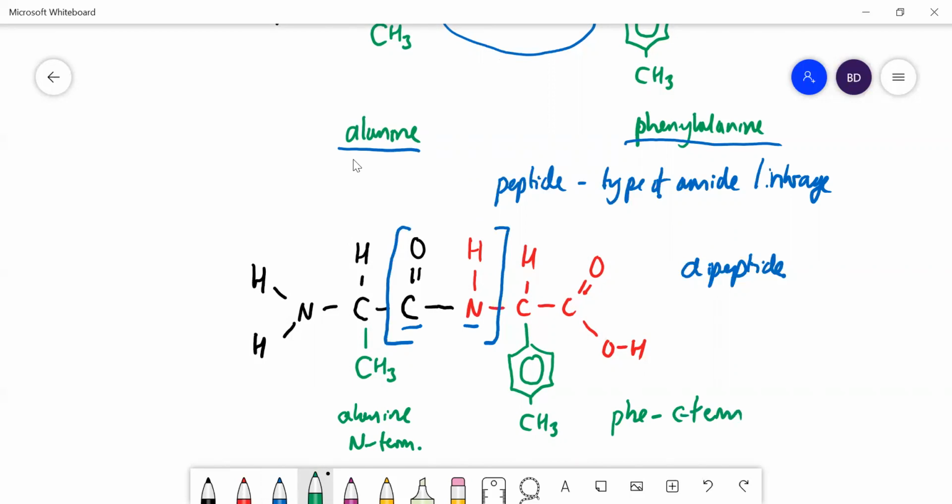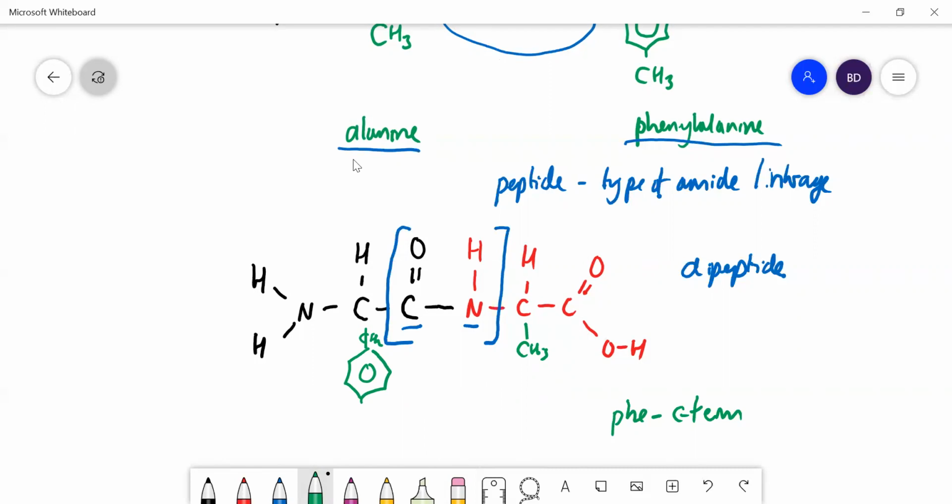Now I could quite easily just swap those around, and it would be a different chemical. So if I put the phenylalanine there, and just put the alanine there, it's a different chemical.